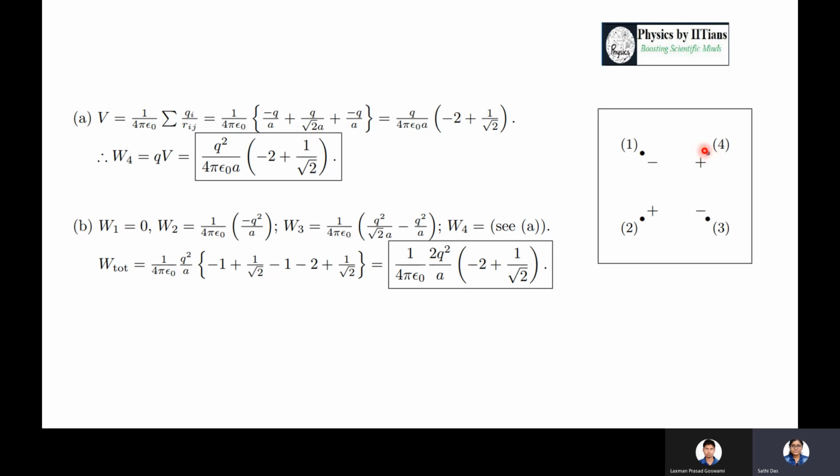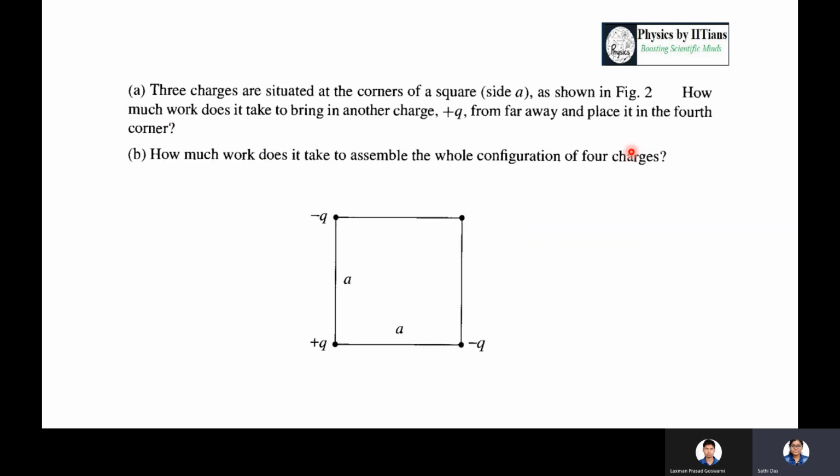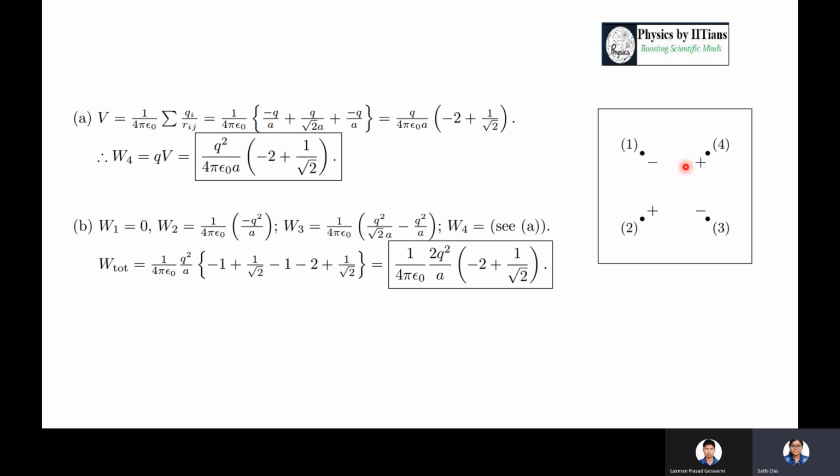So this point charge which I want to take will have some potential from this charge, that is 1 by 4 pi epsilon naught, minus q by a. Why a? Because this is the distance between them. Okay. And for the next charge, that is charge 2, the distance between 2 and 4 is root 2a, because this one is a and this one is a, so it becomes root 2a.